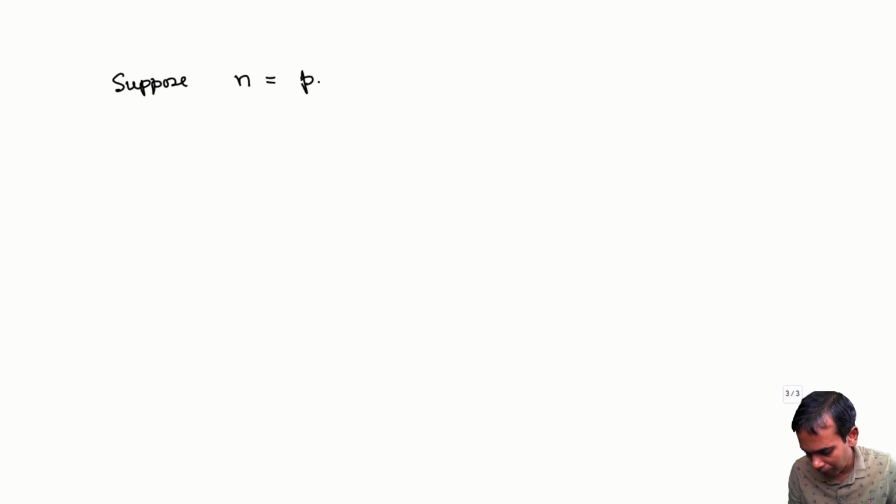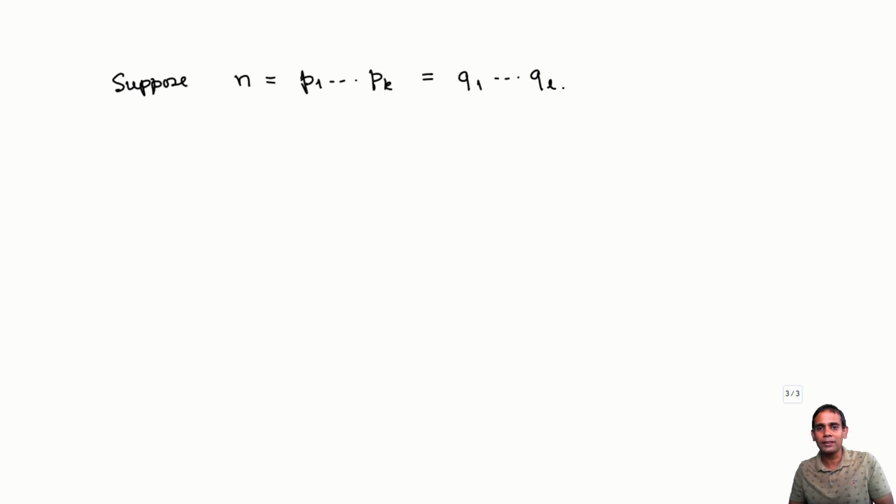So suppose we have two different factorizations of an integer n. And so we have another factorization, let's say q1 up to ql. A priori, we don't even know that the two factorizations will have the same number of factors. So now take p1. p1 is a prime number, and p1 divides n.